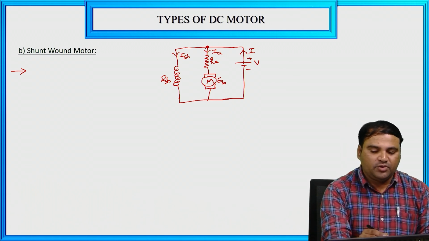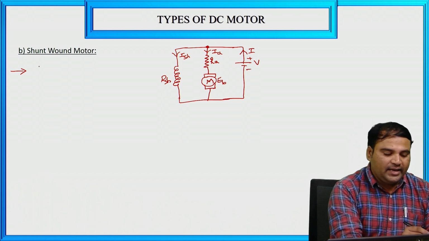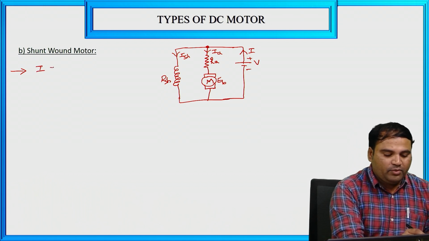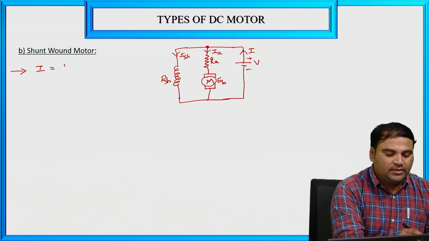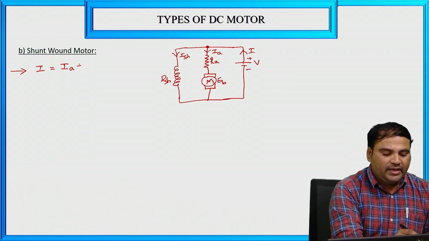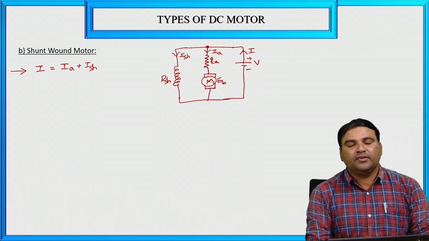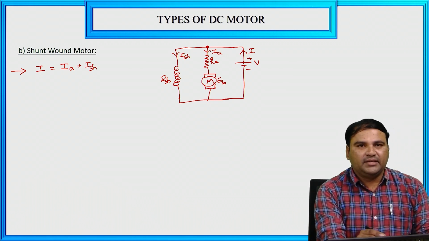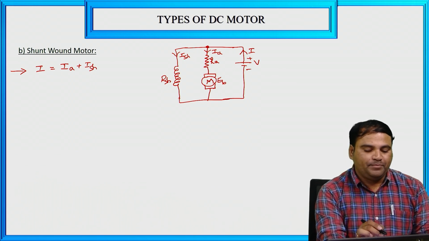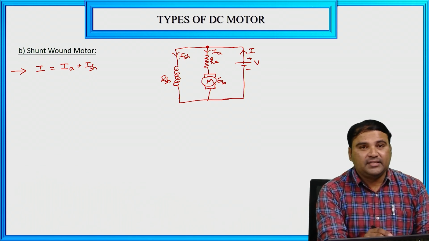At this node point, the incoming current is I, equal to the algebraic sum of the outgoing currents, that is IA plus ISH. Now find out this ISH.